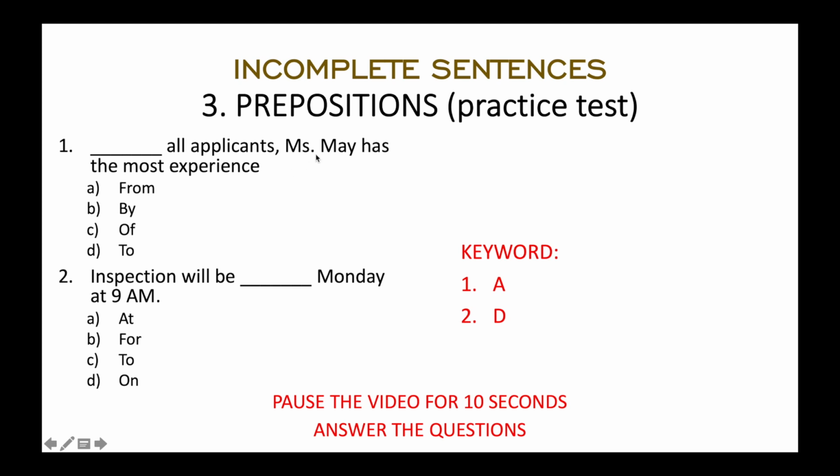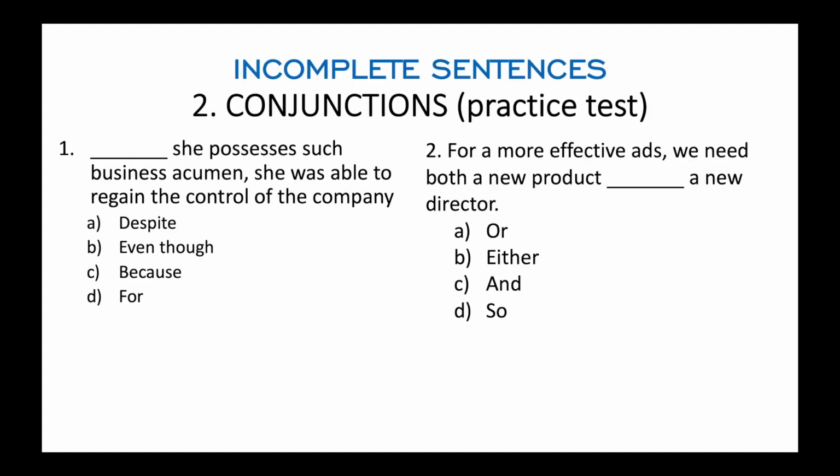So it is comparison between Miss May and other applicants, just like this one. So the result would be dari or from. Yeah. And then the second one would be, nah, it is followed by days, so the result would be on. I'll take a look on the previous one.